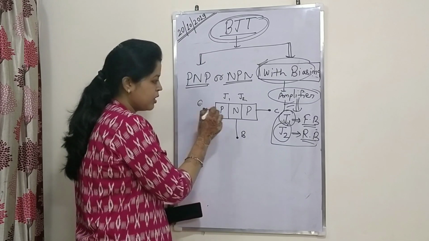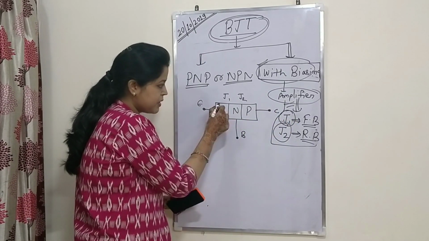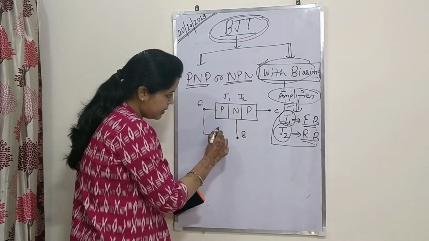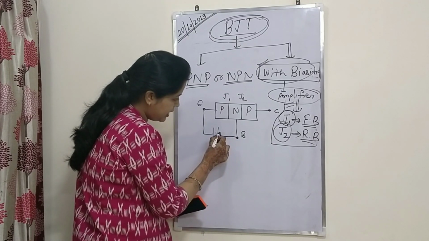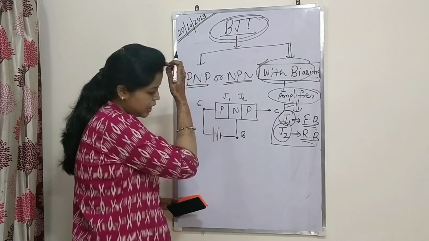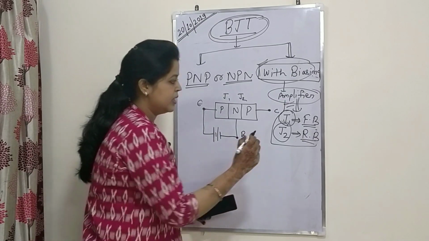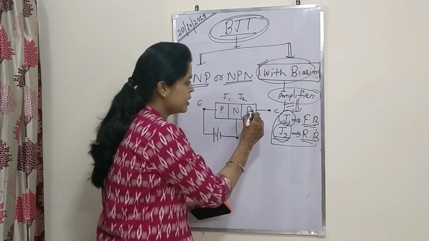Now what is forward biasing? When P type semiconductor is connected to the positive terminal and N type semiconductor is connected to the negative terminal, such type of biasing is said to be forward biasing, while J2 junction is reverse biasing. And what is reverse biasing?